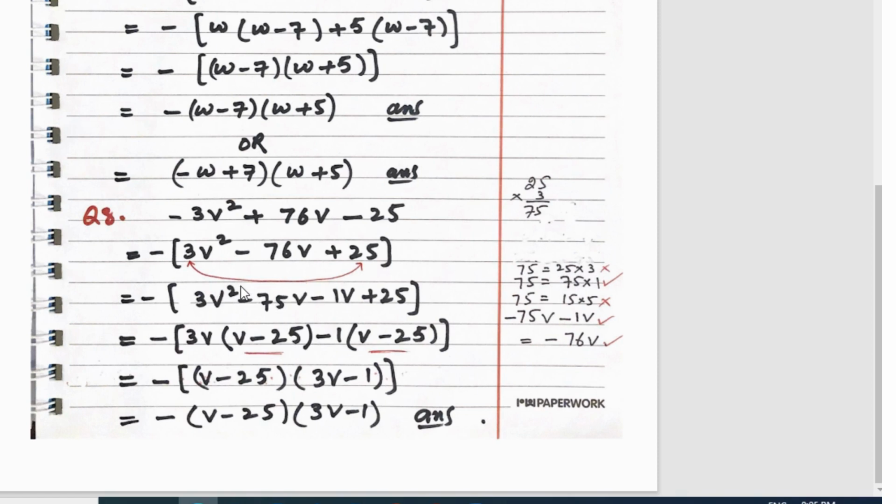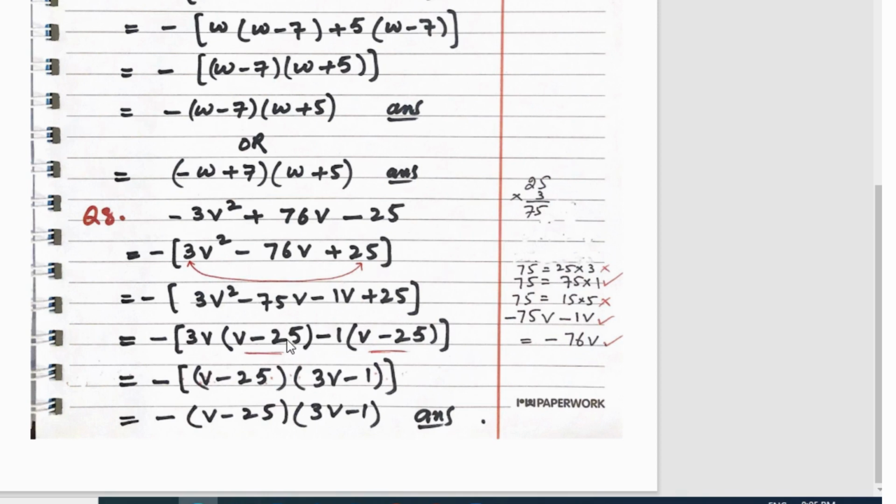And out of v square and v, you will take the variable with the least power. And that is v. You will write v over here. This v and this v, one v from here and this v as a common will go out. What is left behind? 3 has gone out. What is left behind? v is left behind. Minus 25 is left behind, because 25 times 3 will give you 75.